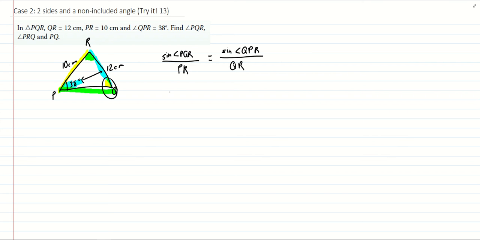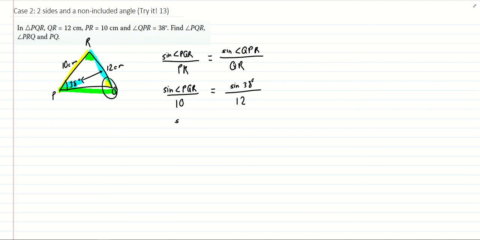Then we'll sub in all the numbers. So sine angle PQR over PR, which is 10 cm, equals sine QPR, which is 38 degrees, over QR, which is 12 cm.